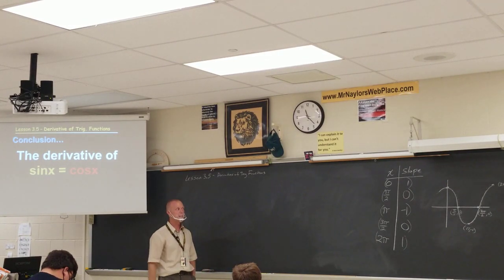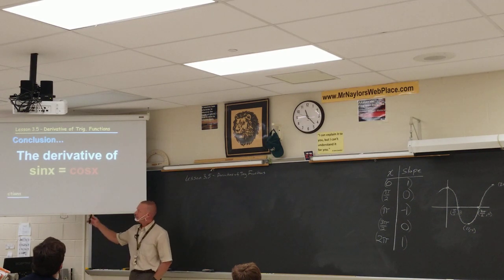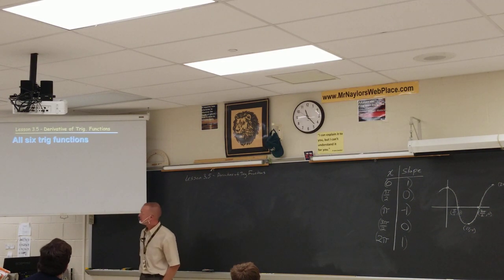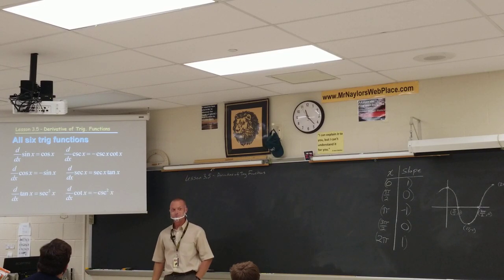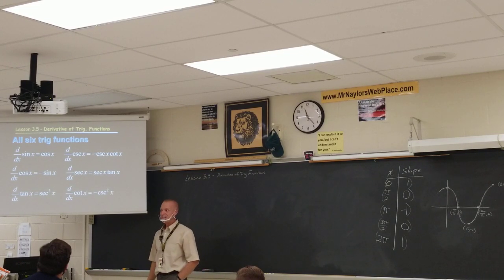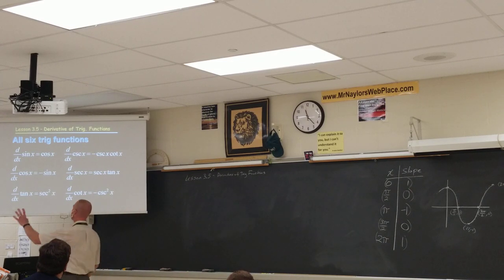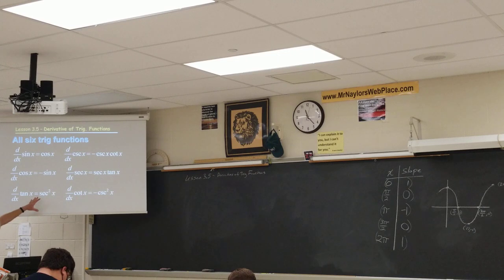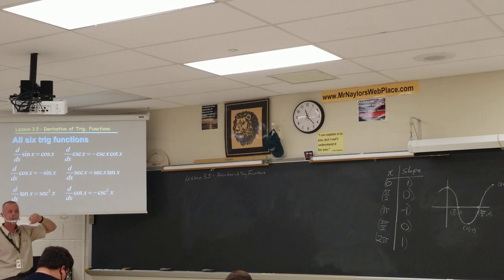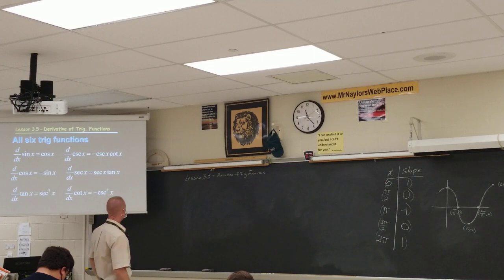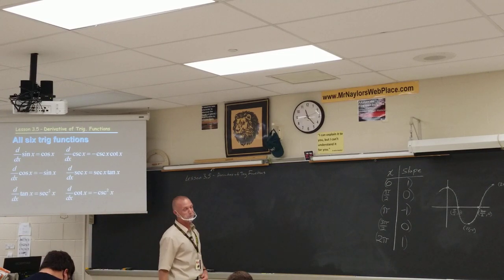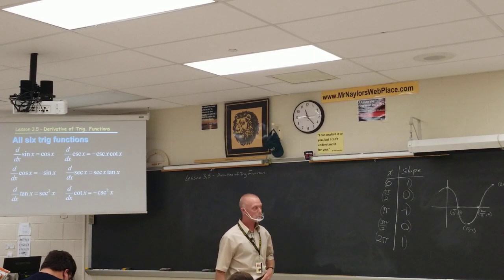So the derivative of sine is cosine, but the derivative of cosine is negative sine. And the derivative of tangent is secant squared. And the derivative of cosecant is negative cosecant cotangent. The derivative of secant is secant tangent, and the derivative of cotangent is negative cosecant squared.